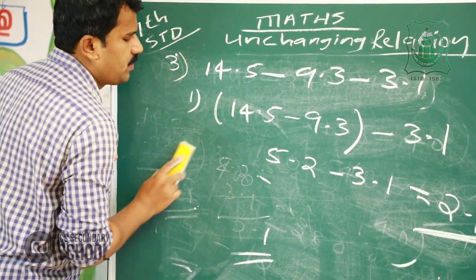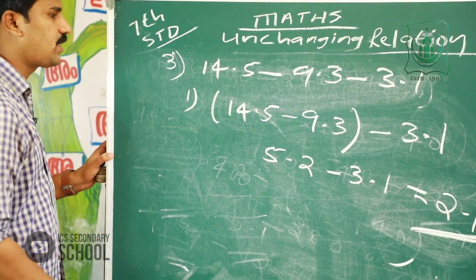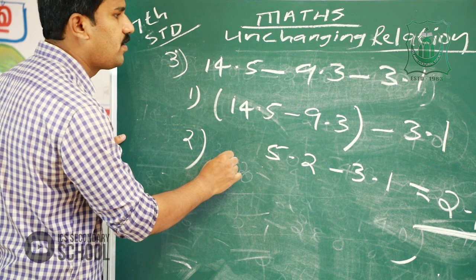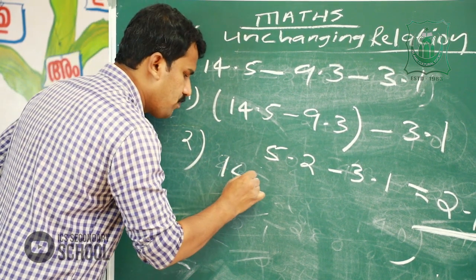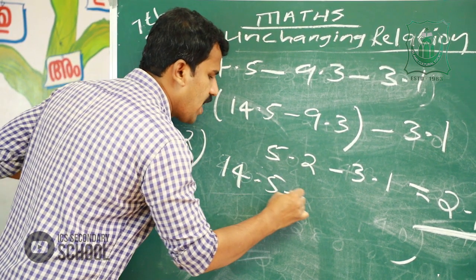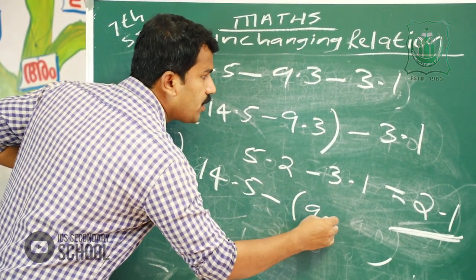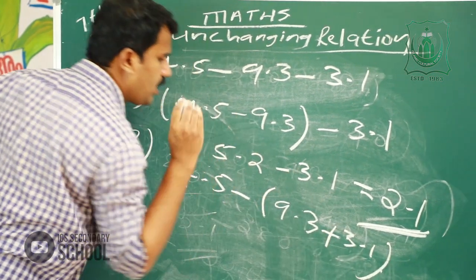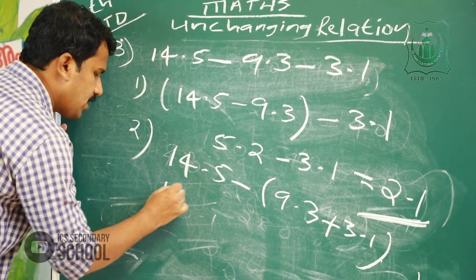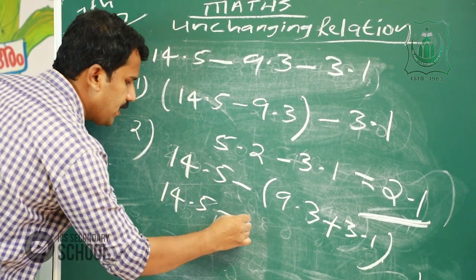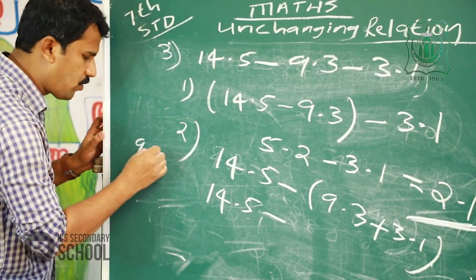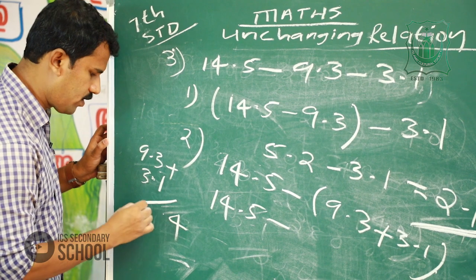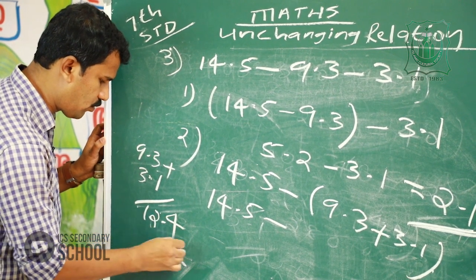Second method of subtraction, how can we solve it? 14.5 minus (9.3 plus 3.1). What is 9.3 plus 3.1? 3 plus 1 is 4, 9 plus 3 is 12, that is 12.4.